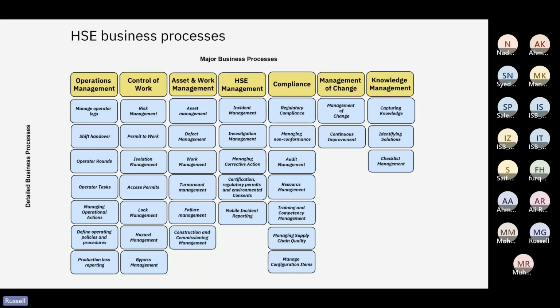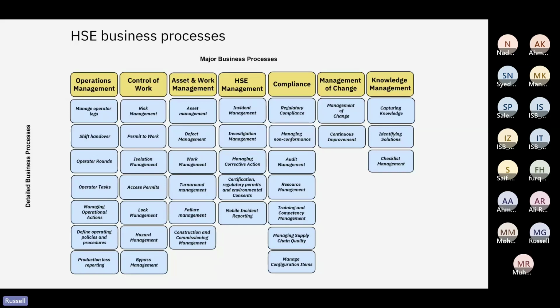So action tracking, continuous improvement, management of change, and then also within that HSE process, we have the certification, regulatory compliance, regulatory permits, and here we also have a mobile incident reporting capability as well.